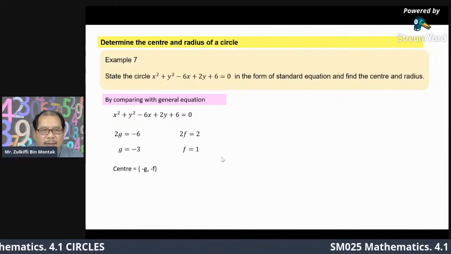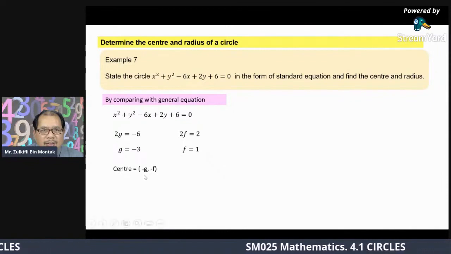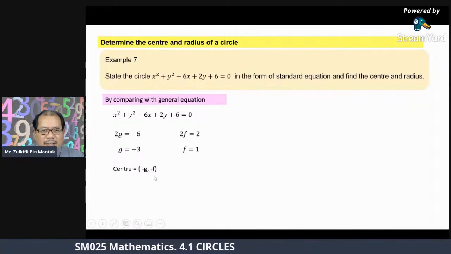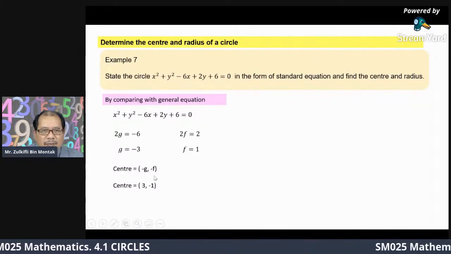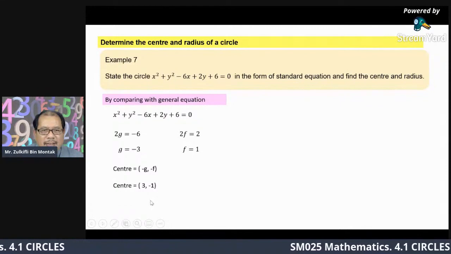Now, how to get r? The center is negative g, negative f, so we get center (3, negative 1).